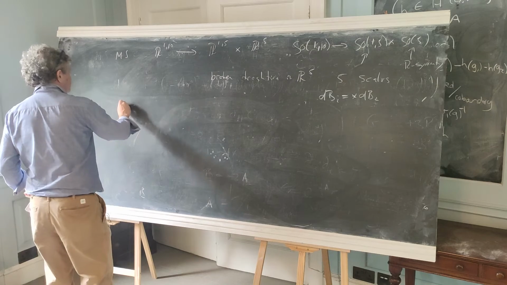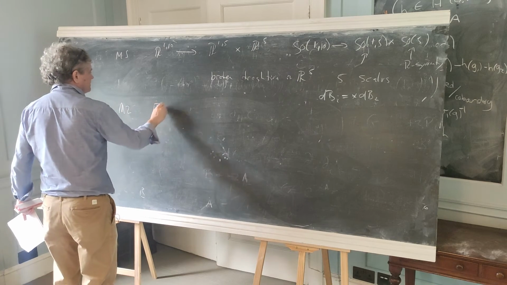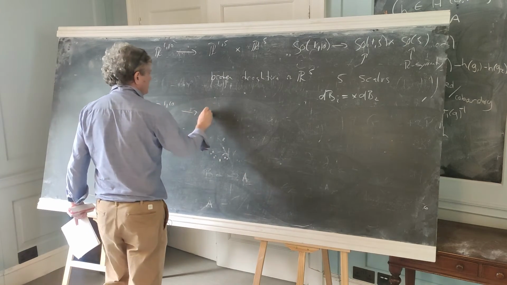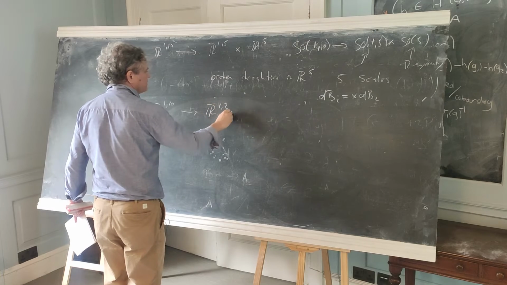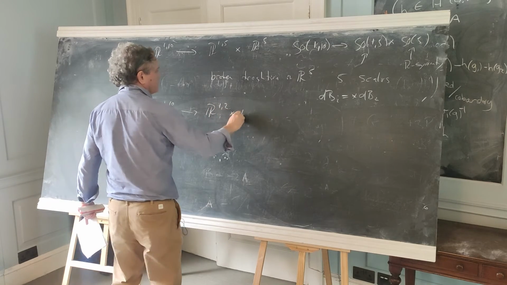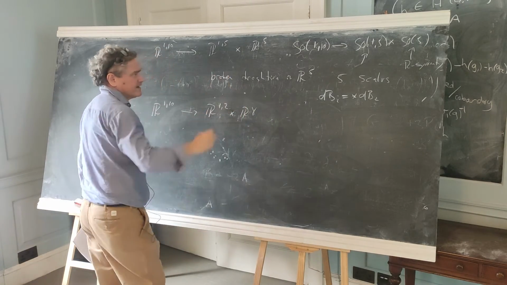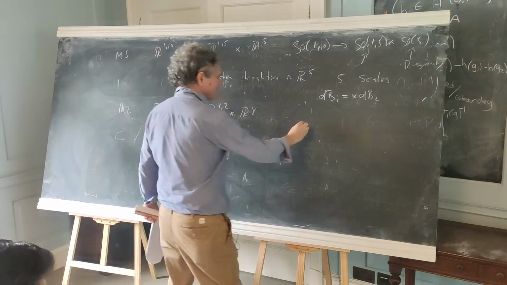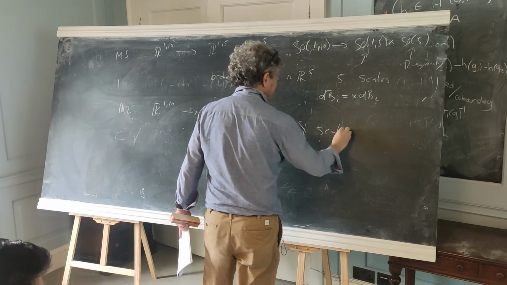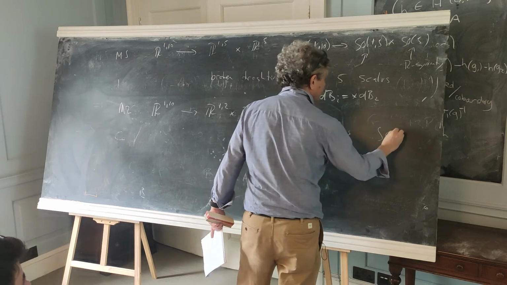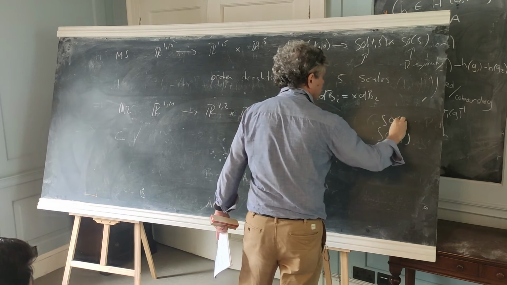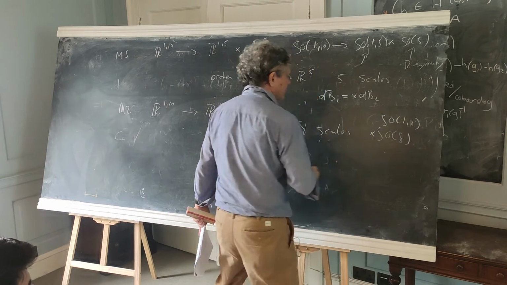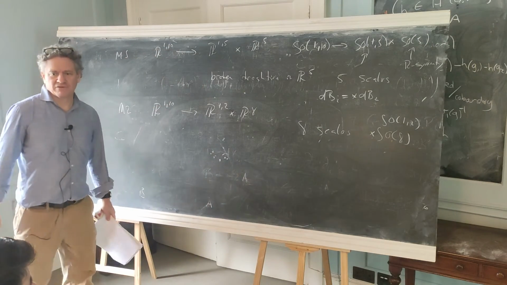And if I did the M2, it's a little simpler. R^{1,10} goes to R^{1,2} cross R^8. I just get 8 scalars, and that's good, in an SO(8), SO(1,2) cross SO(8). That's a good supermultiplet.